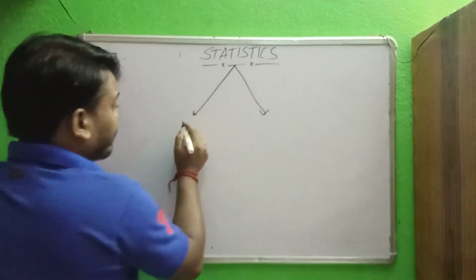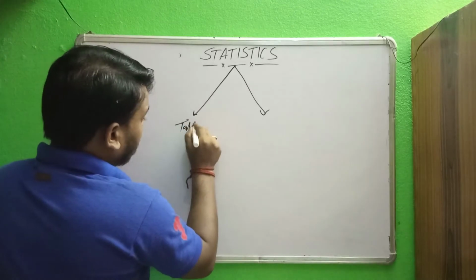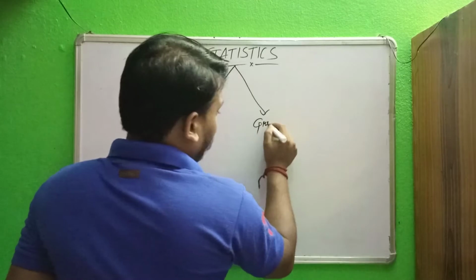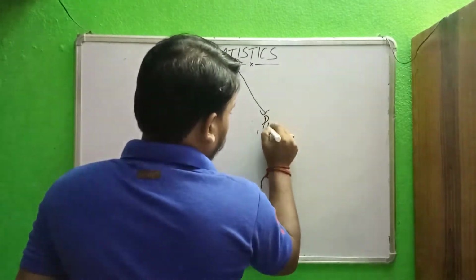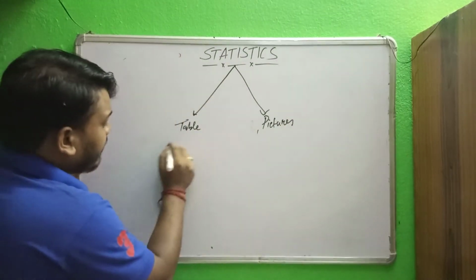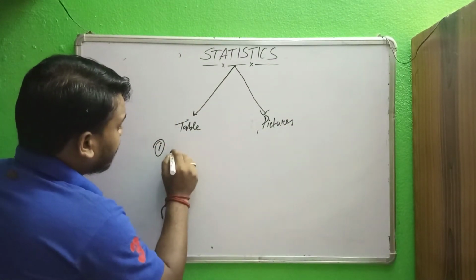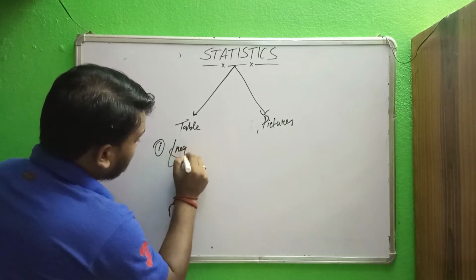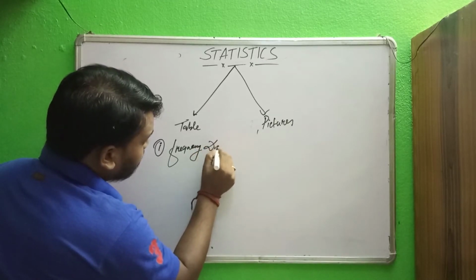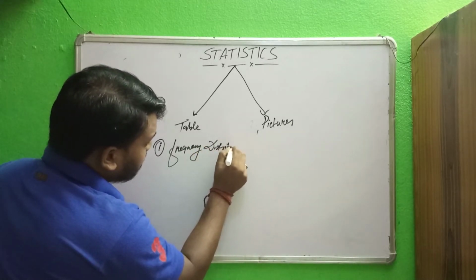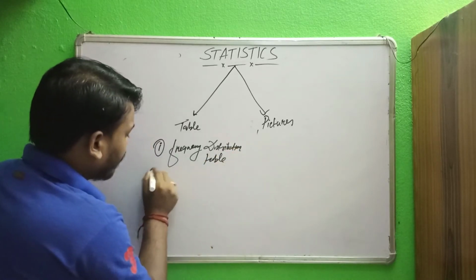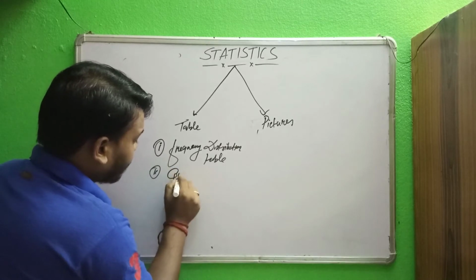Generally in two ways: one is by table and another is graphical, or by picture. By table, we did the frequency distribution table and the group frequency distribution table.